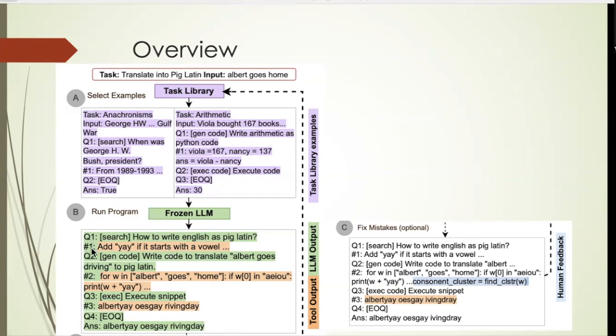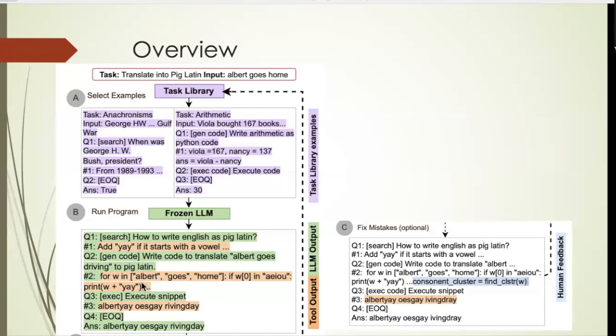So it's like Q1, and it figures out, oh, I need to do a search. I need to call the search tool first, and the yellow one is the tool output. So basically it passes a search query to the search tool, kind of like a search API, and then it waits for the tool to generate a response, and then it moves to the second step in the reasoning process. Say the second step is generate code.